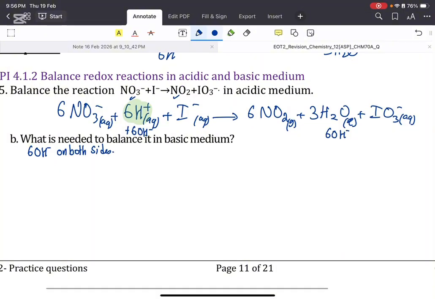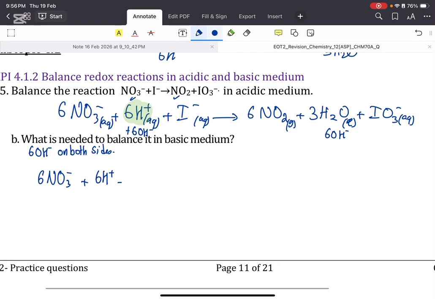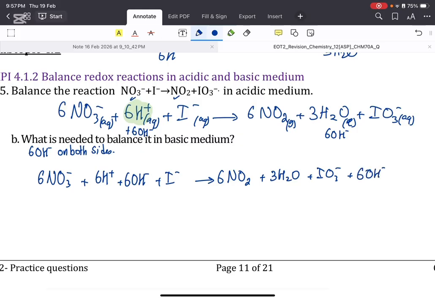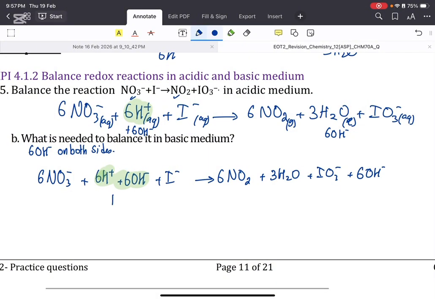Now I'm gonna show you what's gonna happen. Plus 6 H plus and 6 OH minus plus I minus gives 6 NO2 plus 3 H2O and IO3 minus and 6 OH minus. Now note that every H plus and OH minus added together give me H2O.